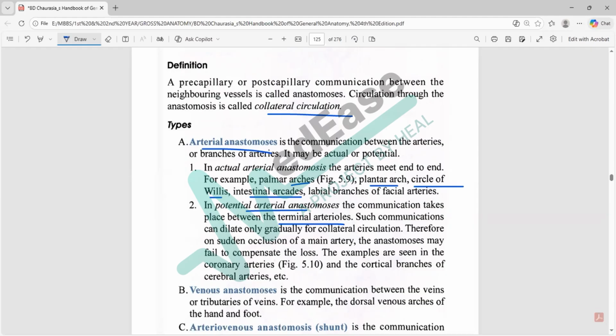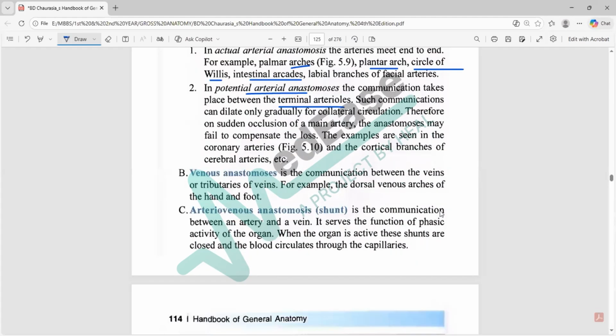Similarly, there is the venous anastomosis, which is the communication between the veins and their tributaries. The dorsum of the foot and the hand have the venous anastomosis to produce the dorsal carpal venous arch and the dorsal plantar venous arch as well.